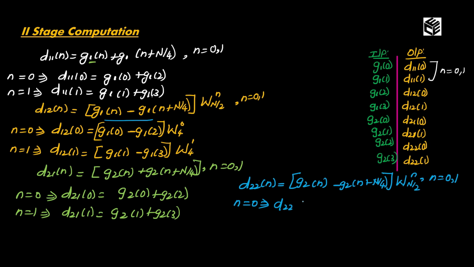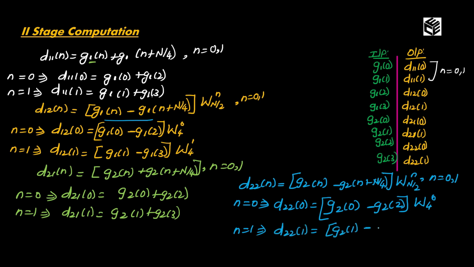I will get d22 of 0 is g2 of 0 minus g2 of 2 multiplied by W4 to the power 0, and if I apply n as 1, d22 of 1 is equal to g2 of 1 minus g2 of 3 multiplied by W4 to the power 1.